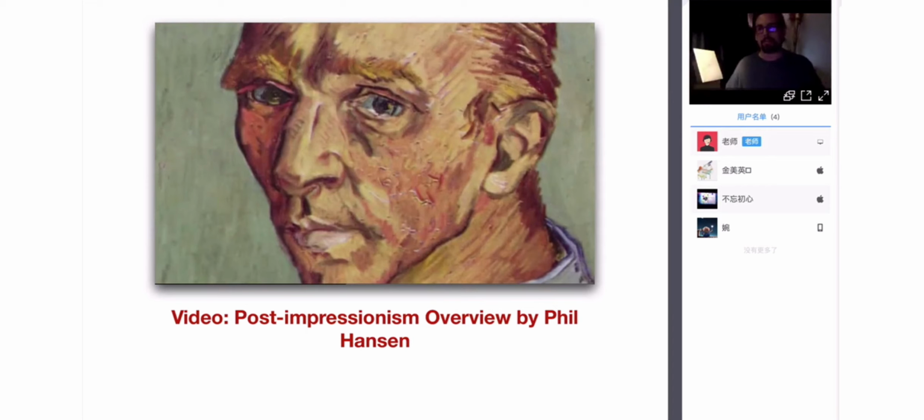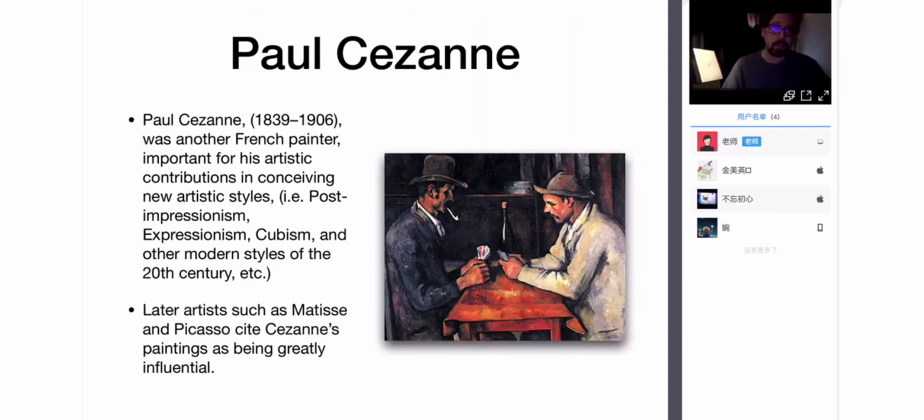So, the movements that followed from Post-Impressionism, you see more of a breaking down of discernible form into chaos. That's like abstract painting. And so next week we'll be looking at Picasso and the abstract painters and the surrealist painters. Maybe we'll do that next week.